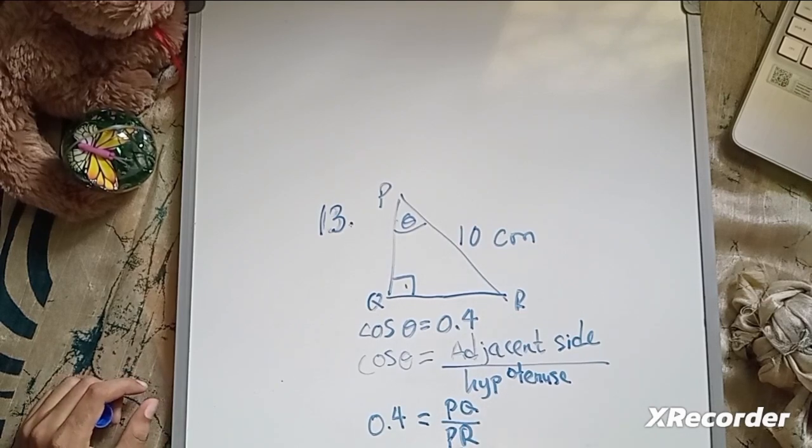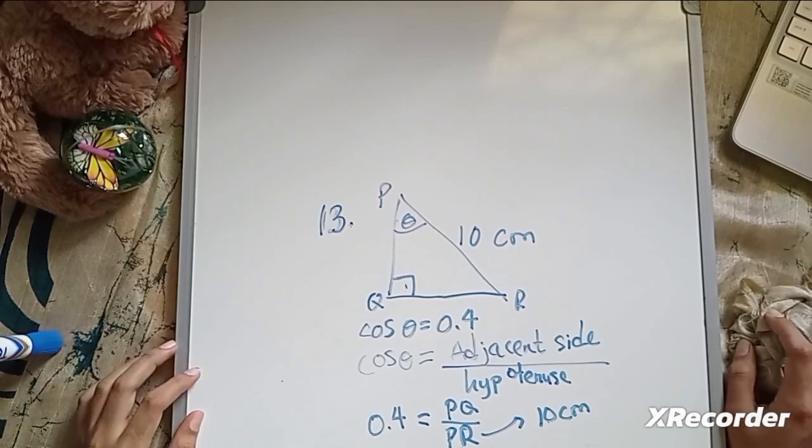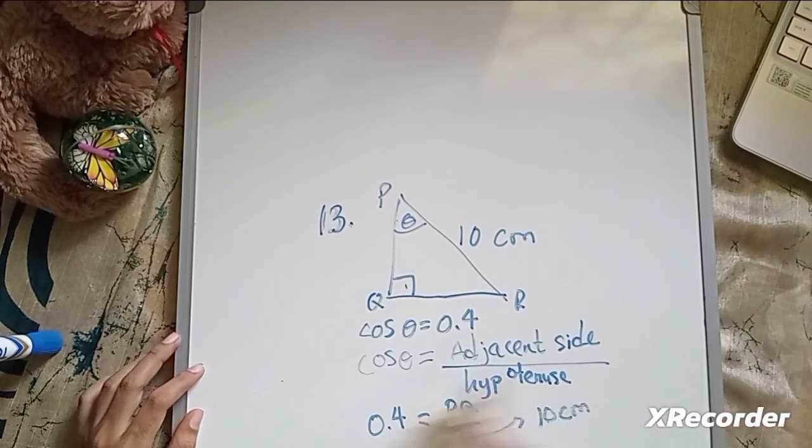So we know the value of PR, it is 10 centimeter. They have given that. We can simply multiply this by this, and we got the answer 4 centimeters. So the answer is, the length of the PQ side is 4 centimeters.